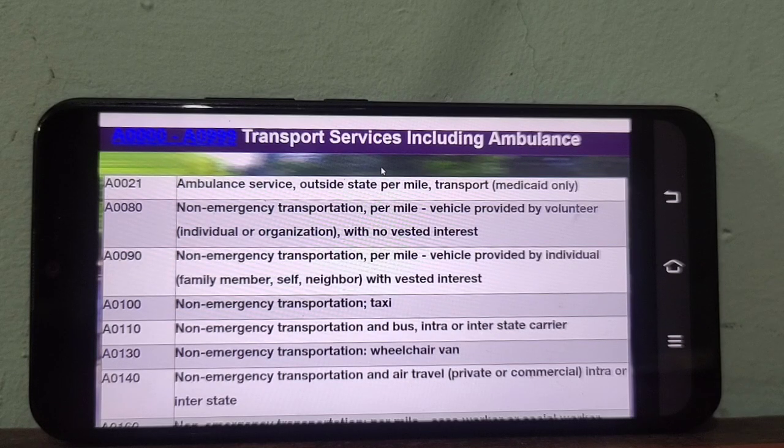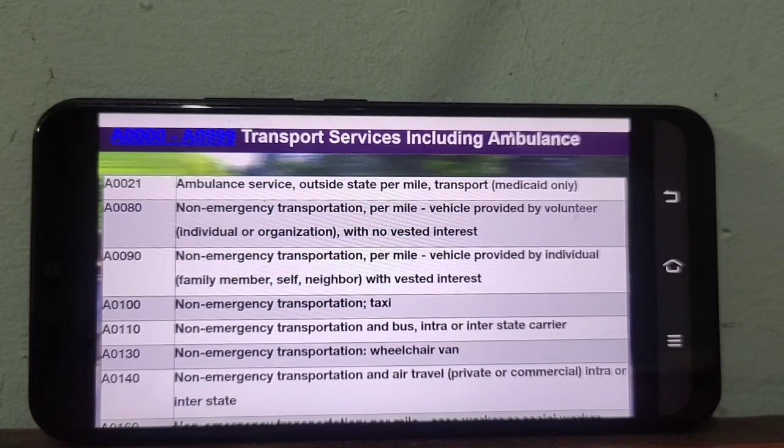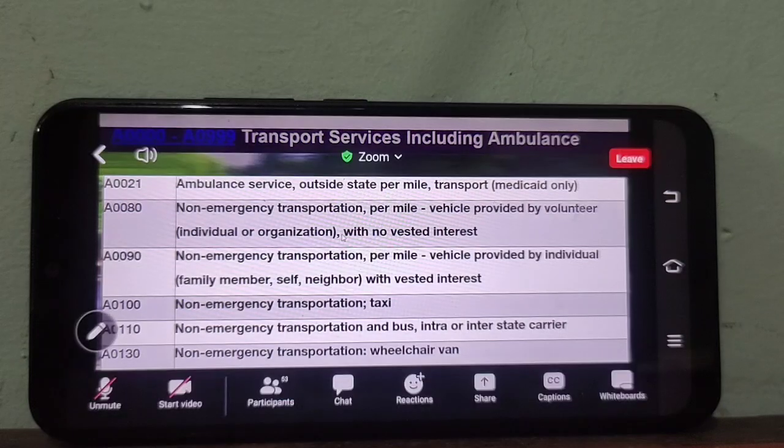A0080 is for non-emergency transportation service, where the vehicle is provided by a volunteer. For example, if an individual or an organization provides the vehicle to admit the patient to the hospital, go for A0080. Vehicle provided by a volunteer, go for 80.